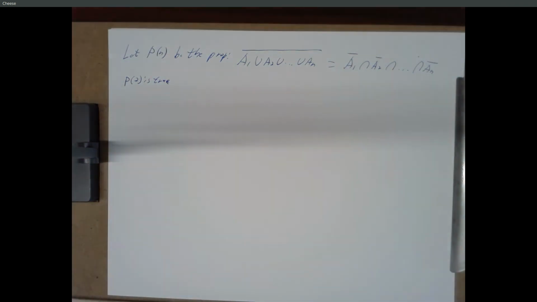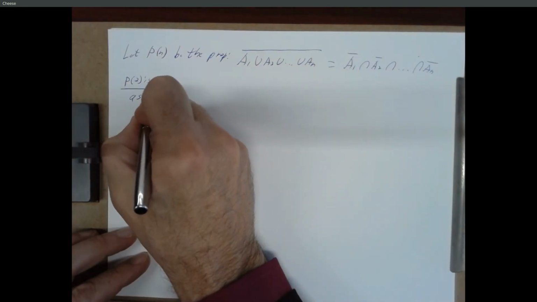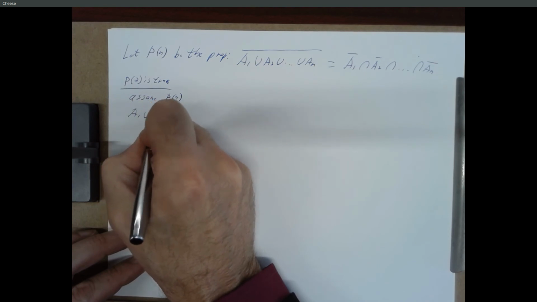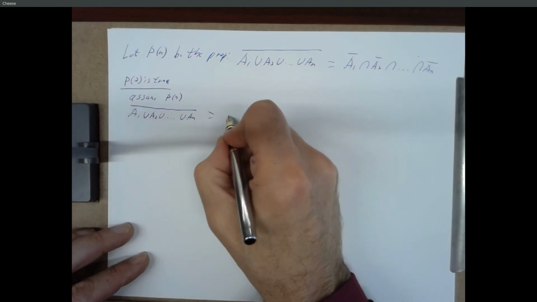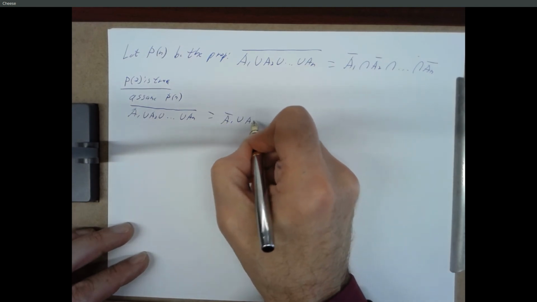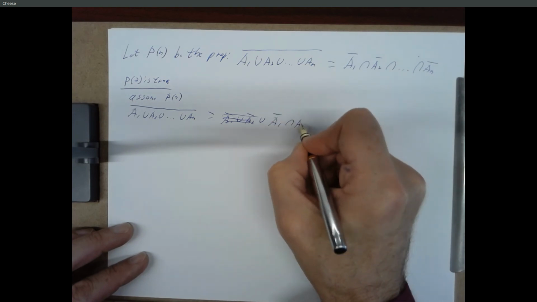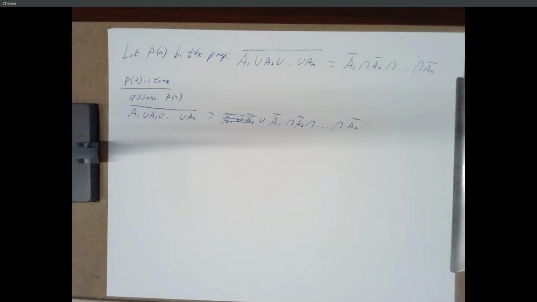That's just good old De Morgan's theorem. And P of 1 is kind of trivially true. It says A bar equals A bar. So assume P of n is true. So we're given that.